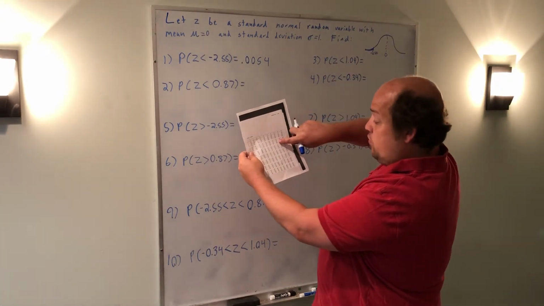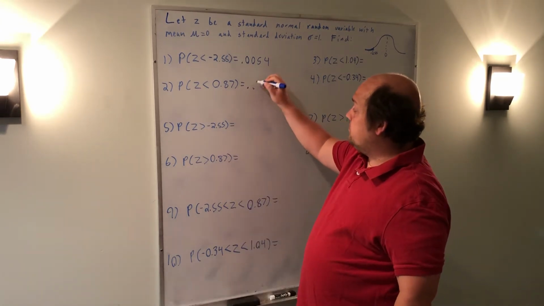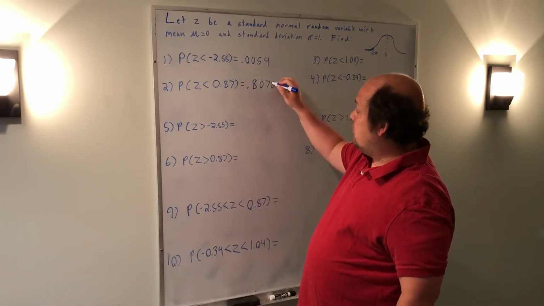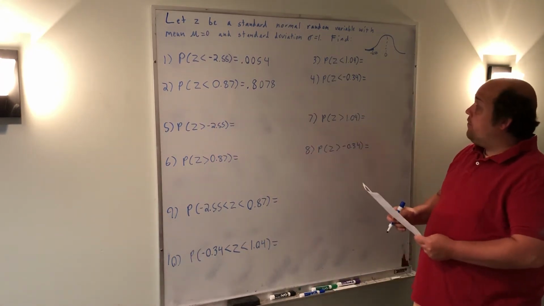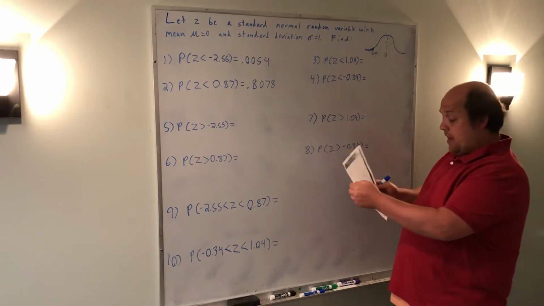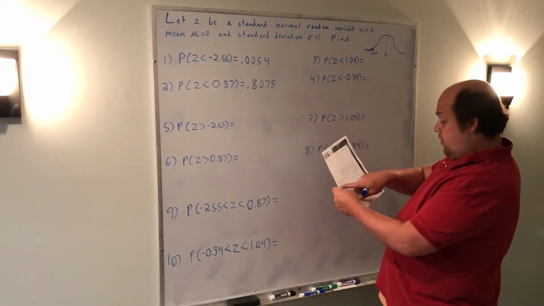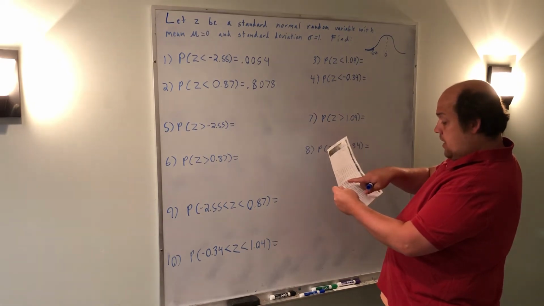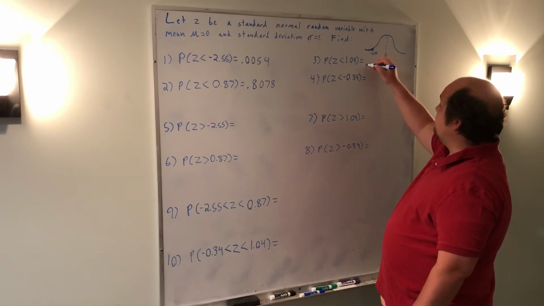When I line those two up, I find the probability 0.8078. For number 3, it says that the z-score we're looking for is 1.04. So on the positive side, I go to 1.0 as my row. I move over to the 0.04 column, and it lines up as a probability of 0.8508.